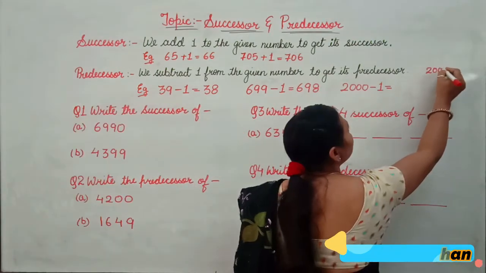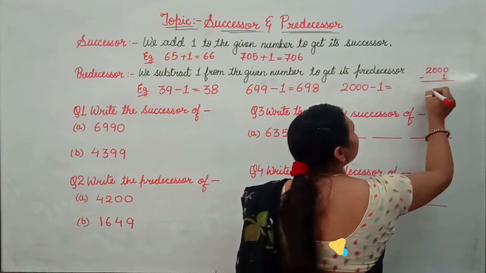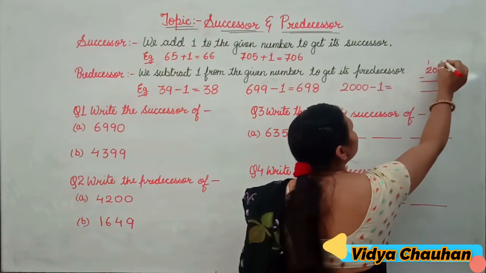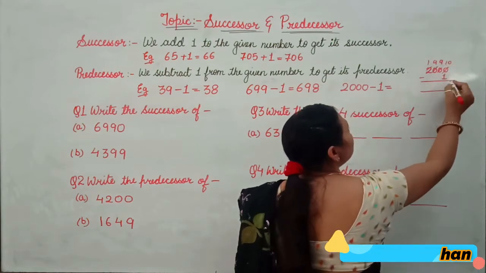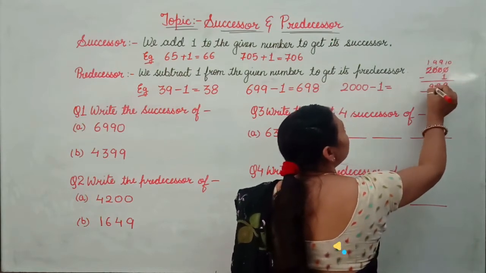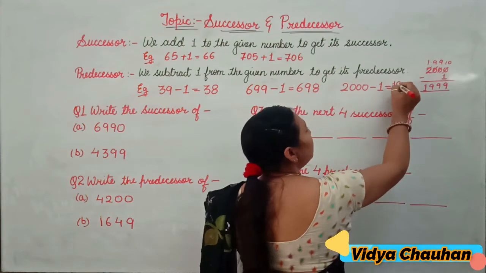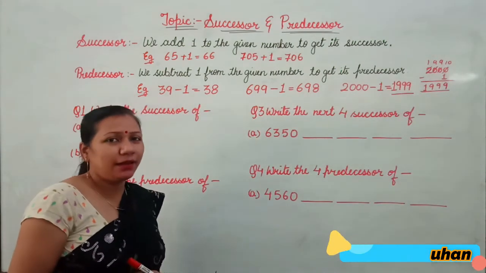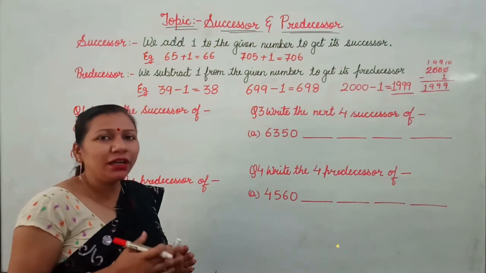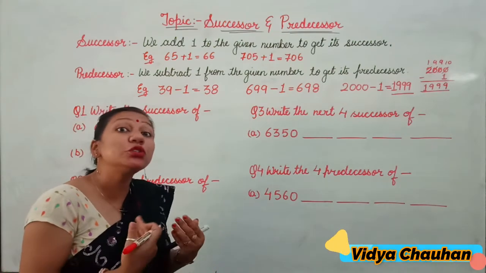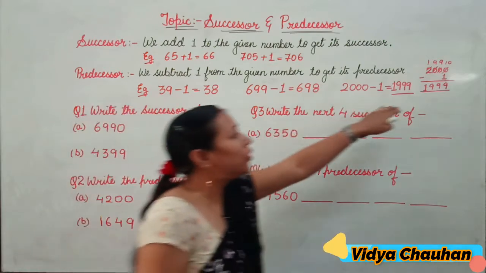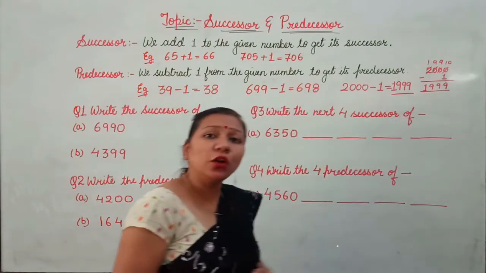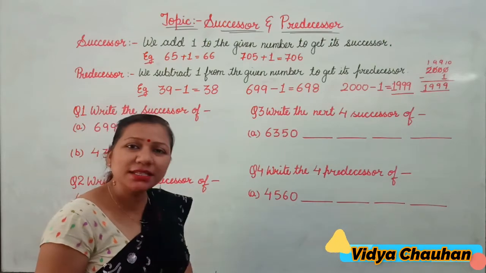Taking a borrow, 10 minus 1 is 9, 9, 9 and 1. So what is the predecessor of 2000? It is 1999. If you find any difficulty in adding and subtracting the numbers orally, then you can perform the operation by writing the numbers in column form. Okay students, both ways are correct.